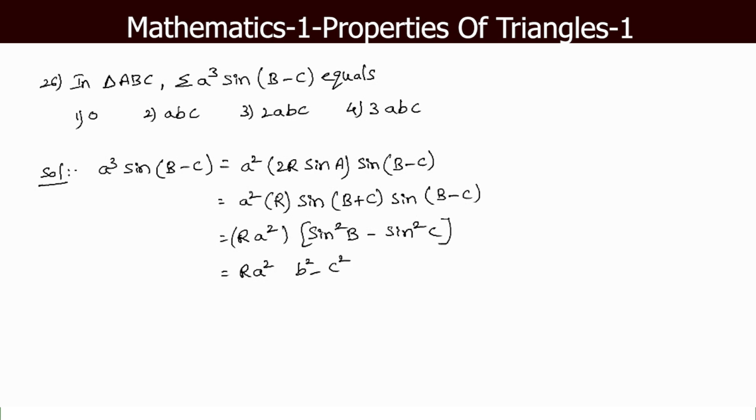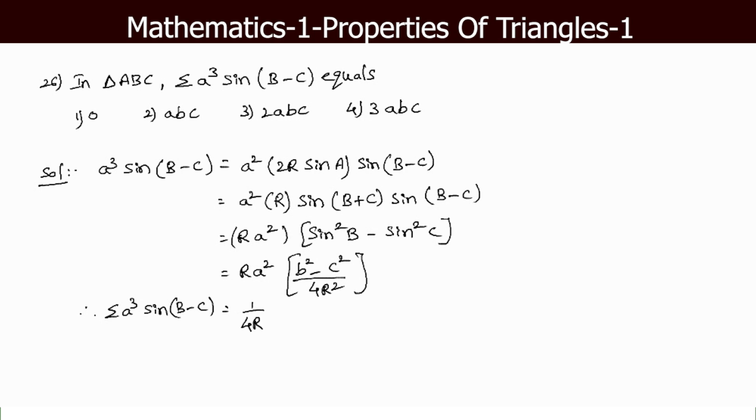So here what you have to do, you simplify first a cubed sin(B minus C). For one a we have replaced 2R sin A, and sin A we have replaced by sin(B plus C). If you simplify it, you will get a cubed sin(B minus C) is R into a square into (b square minus c square) by 4R square.